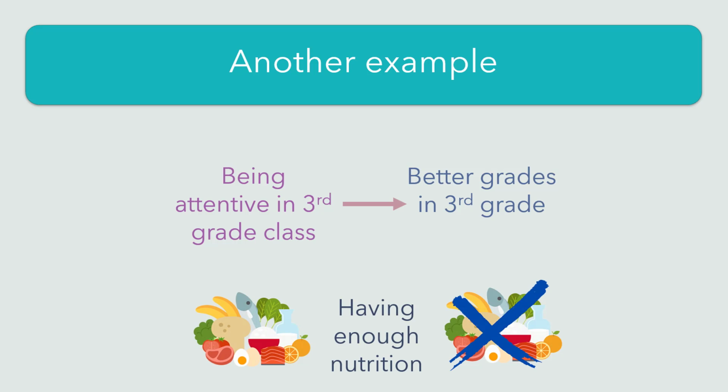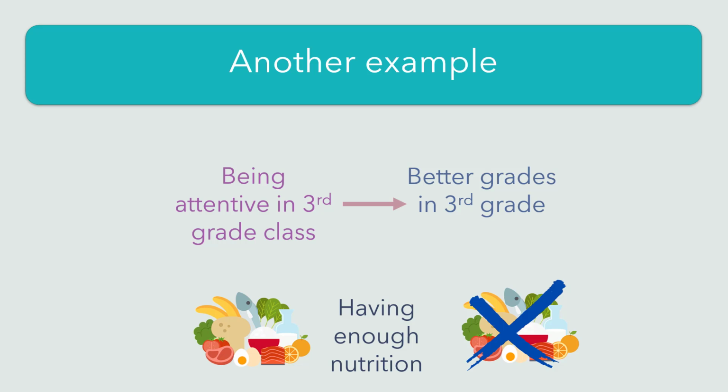But what if we consider having enough nutrition? Now, let's say we take this into account and it turns out that if a child in third grade has enough nutrition, that leads them to be more attentive in class. They have more attention in class. And having enough nutrition leads to better grades.